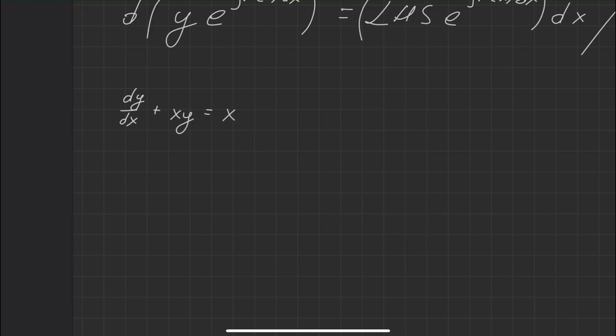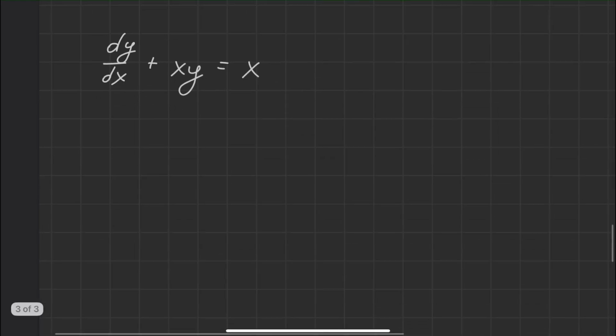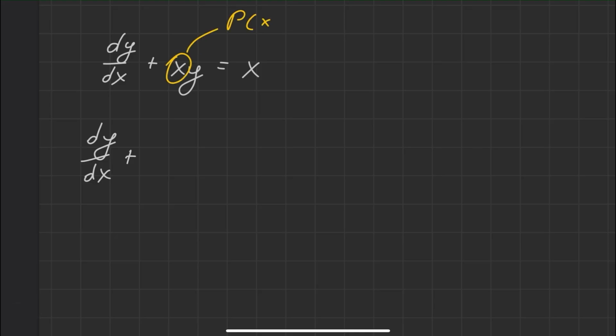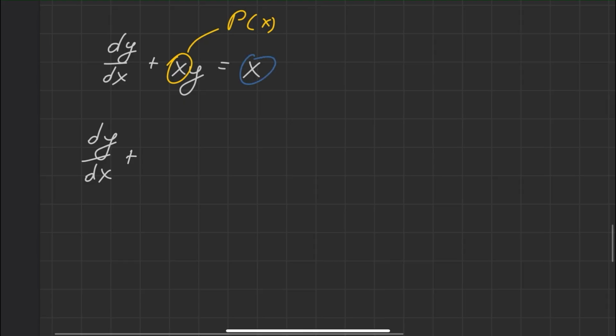So here we have this function, and you can immediately notice the form. So we have the differential, or actually the derivative, times this x, and this x will be nothing else than our p of x. Why? Because it stands next to our y. This x, on the other hand, will be nothing else than our other function, q of x.